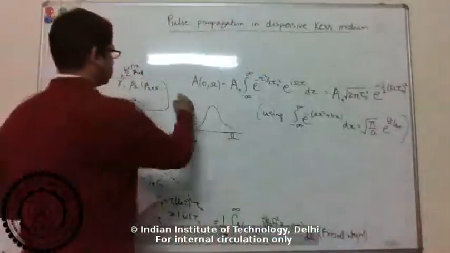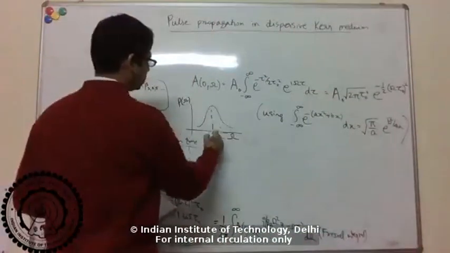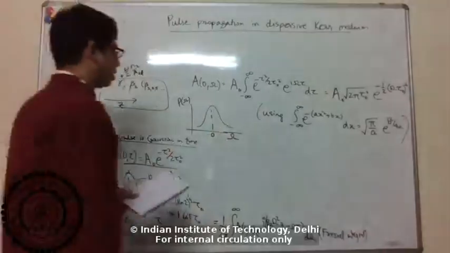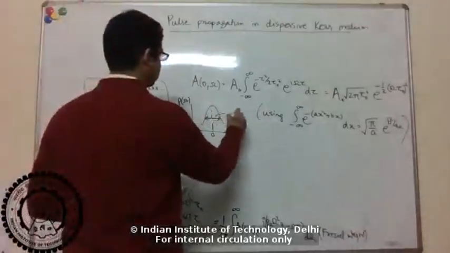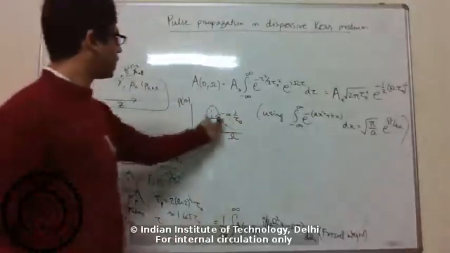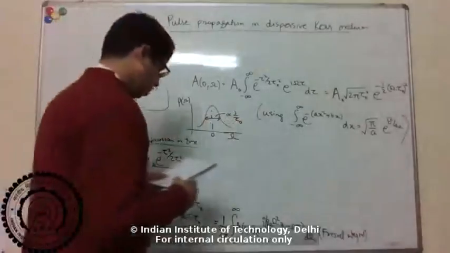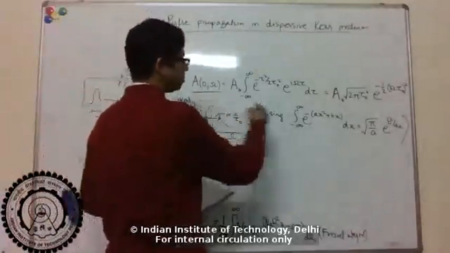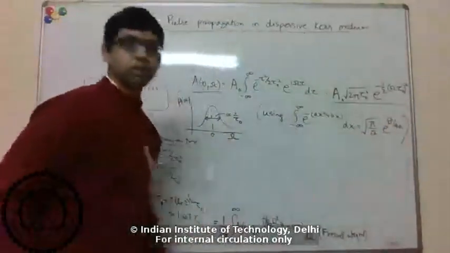Right, so the spectrum is also Gaussian, where the spectral width is proportional to 1 over tau. So the shorter the pulse, the wider the band. Okay, so now we put this expression for the input spectrum into the Fresnel integral.